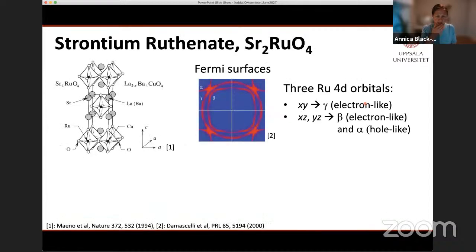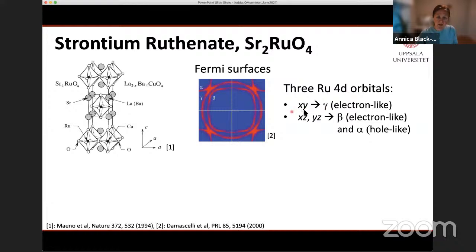So Strontium Ruthenate is this very interesting material. It's layer-like, like the cuprates, but it has strontium ruthenate instead of copper oxide layers. It's interesting here because it has three ruthenium 4d orbitals forming the Fermi surface in the normal state.